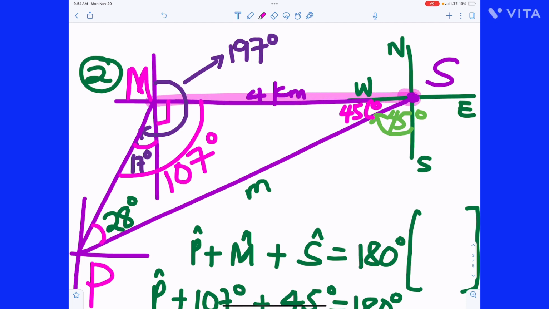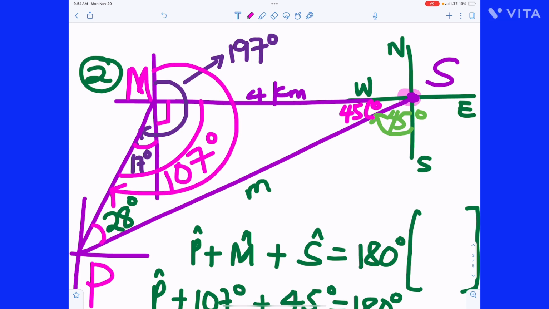Now, on getting to this point, he changed his direction. He stopped moving due west and changed his direction to move on a bearing of 197. So from this place, you are going to read 197. How do you read 197?